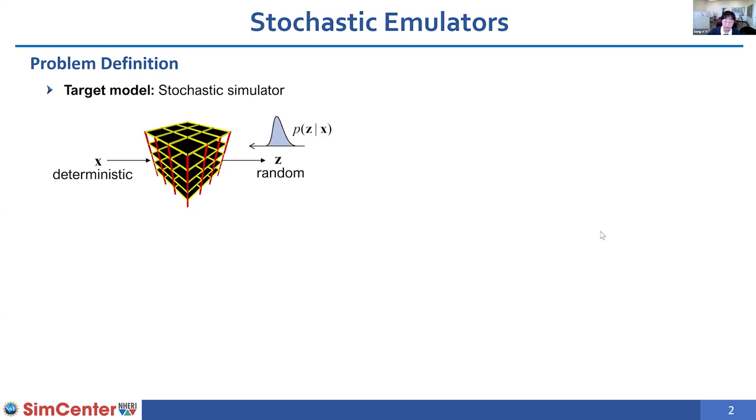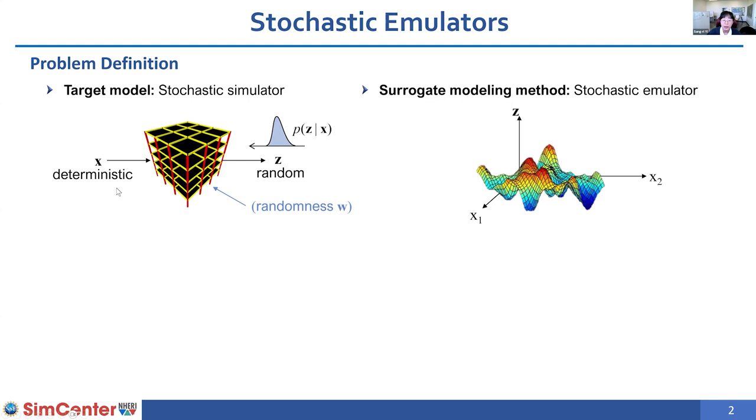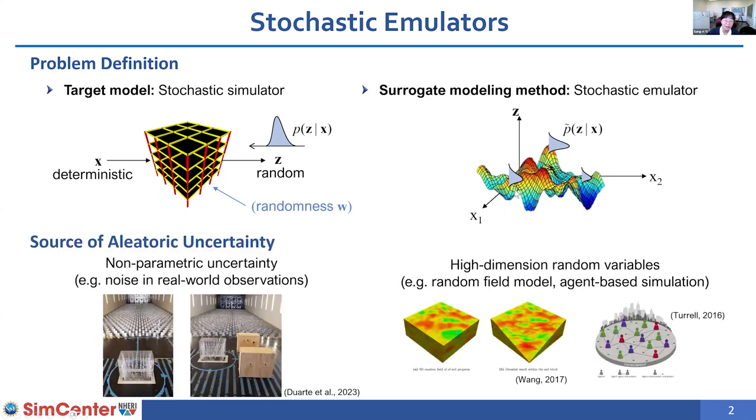And this randomness comes from various sources of uncertainties that are not explicitly described by these deterministic inputs. Because of that, our surrogate model should also take deterministic values as input and produce a random distribution as its prediction. This randomness can come from different reasons.